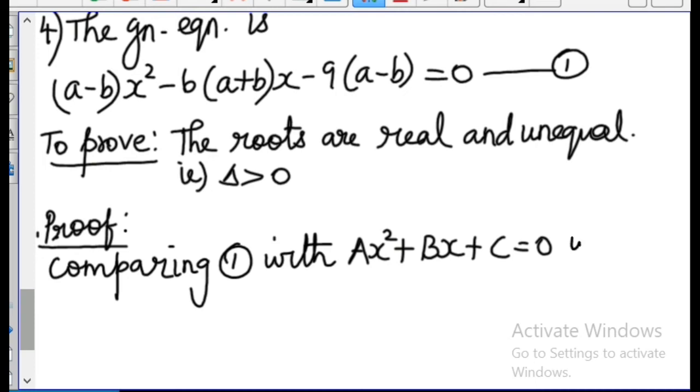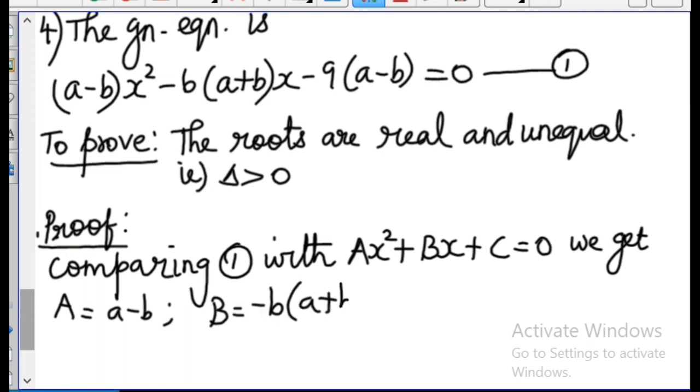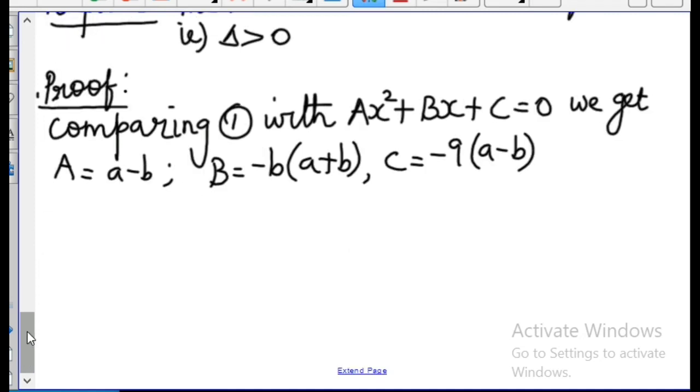We get capital A equal to a minus b, that is the coefficient of x squared. Capital B, that is the coefficient of x, so capital B equal to minus 6 into a plus b. Capital C equal to minus 9 into a minus b. We have to find the discriminant.